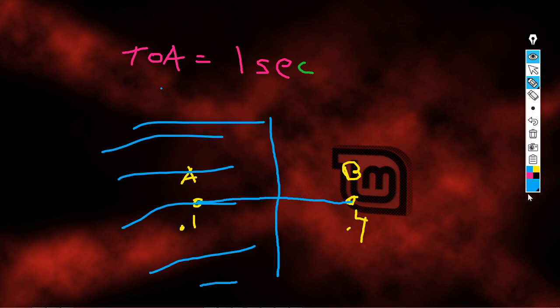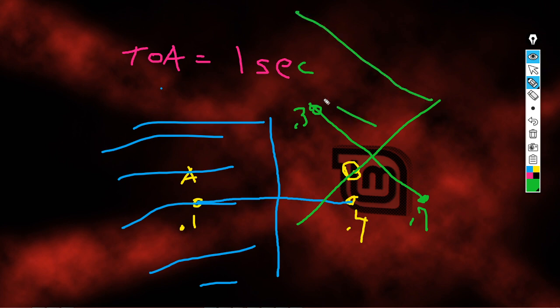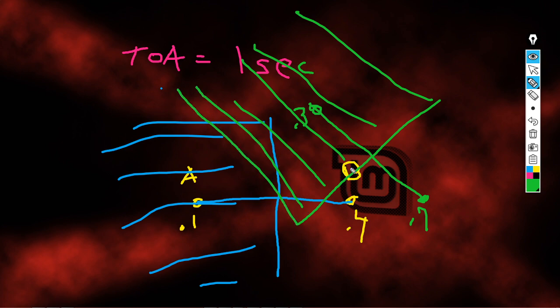Okay, and then you can take a second set of observations and do the same thing. Two observations. In this case, let's say this one was 0.3 and this one was 0.7 times of arrival. You draw a line between them, bisect it, and since this point up on the top was first, then everything up that way, and where they intersect is the likely location for the source of the sound. That's one method.